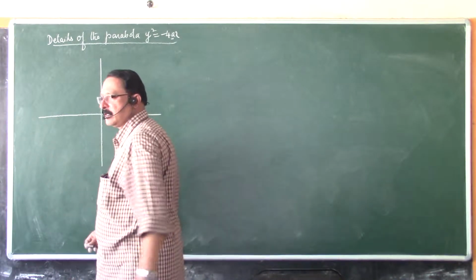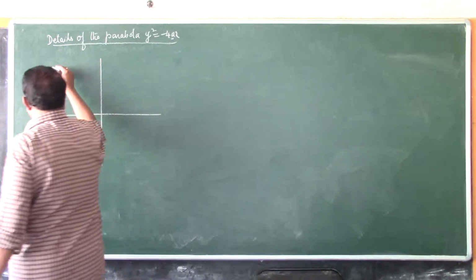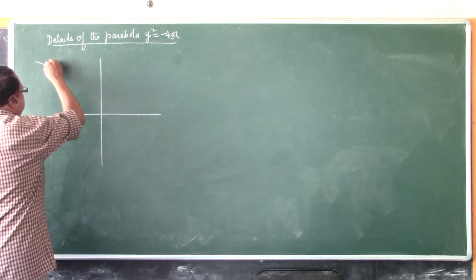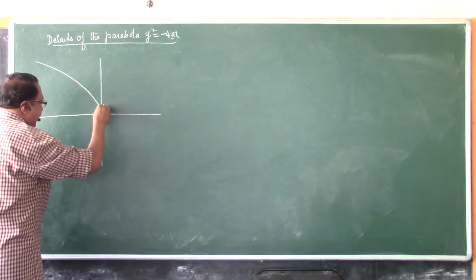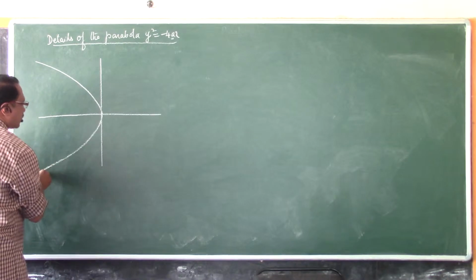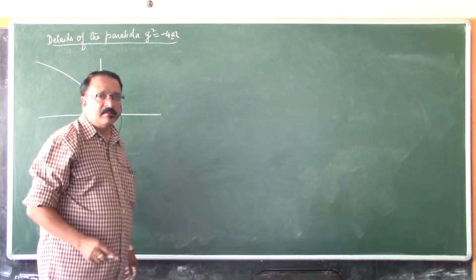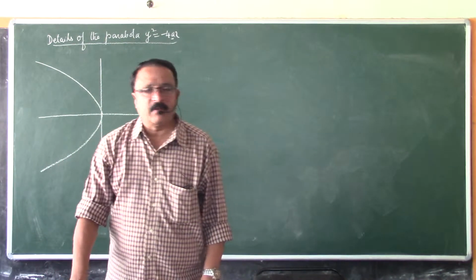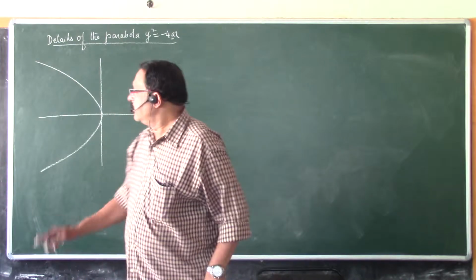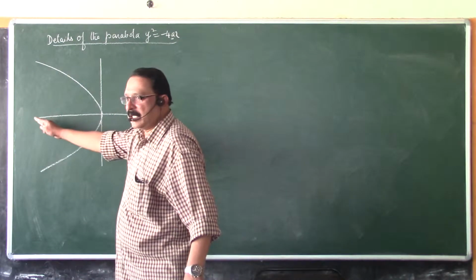Left side. So the parabola will extend from infinity and takes a blunt turn at the vertex, but for the parabola y square equals minus 4ax, the parabola is on the left side of the origin.